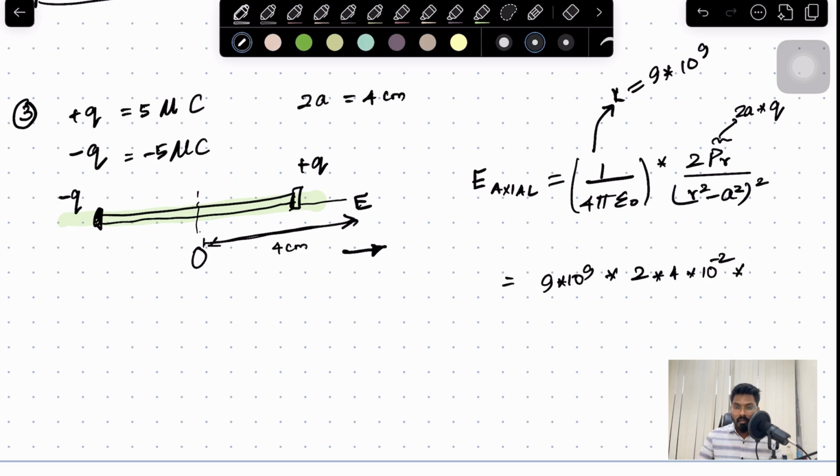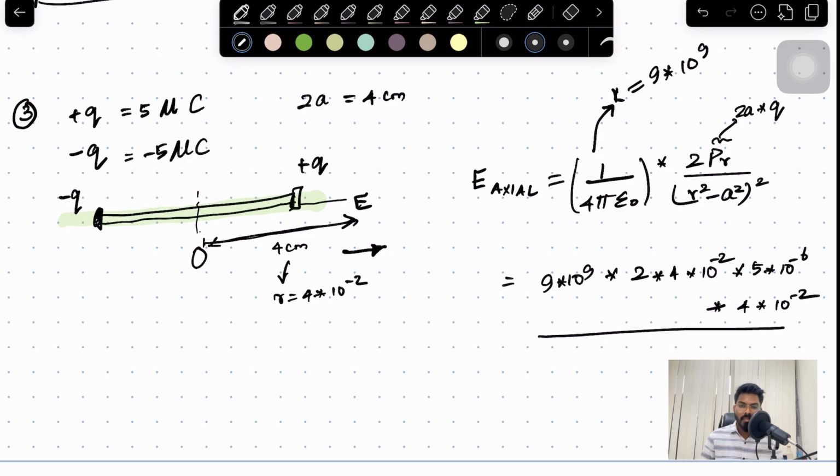Then q is 5 into 10 to the power minus 6. Then we also have r. R is also 4 into 10 to the power minus 2.